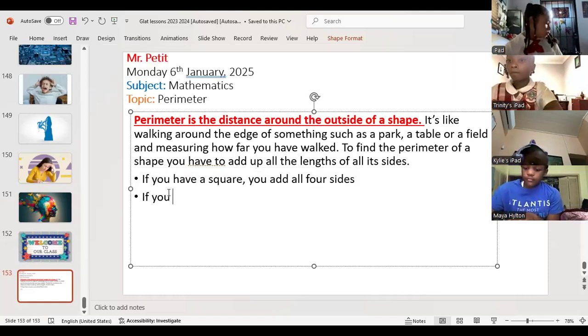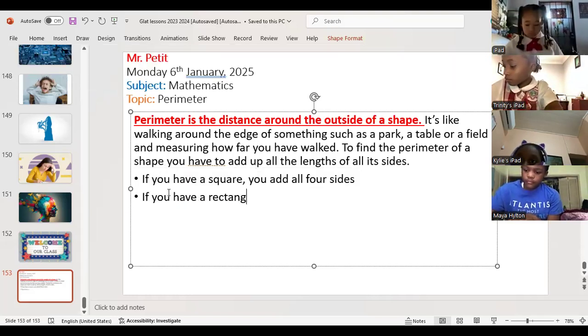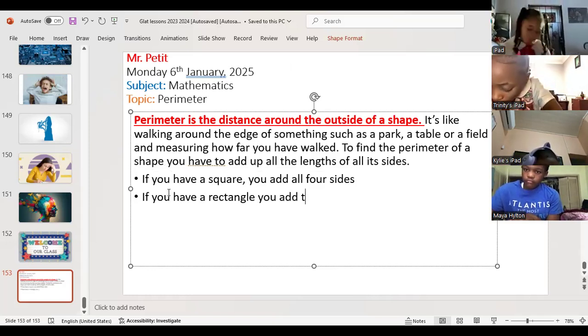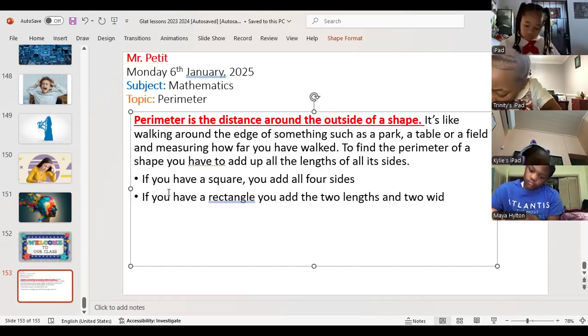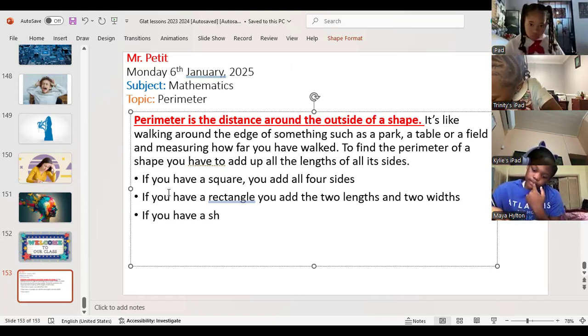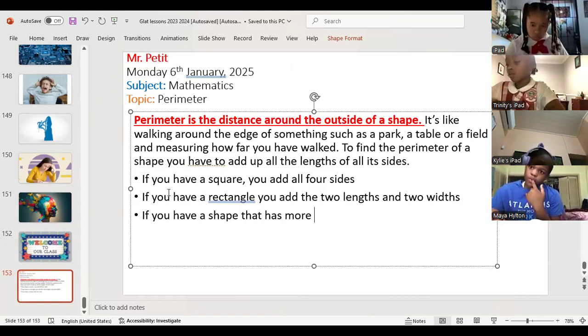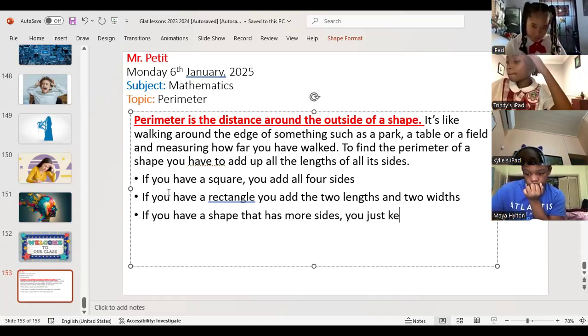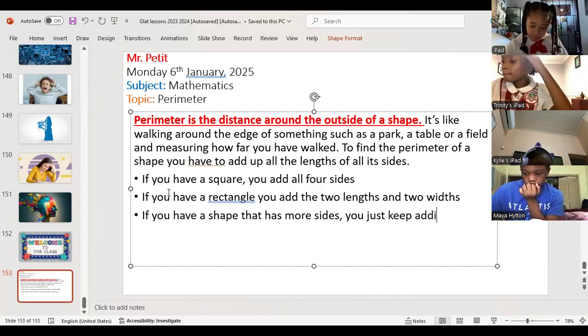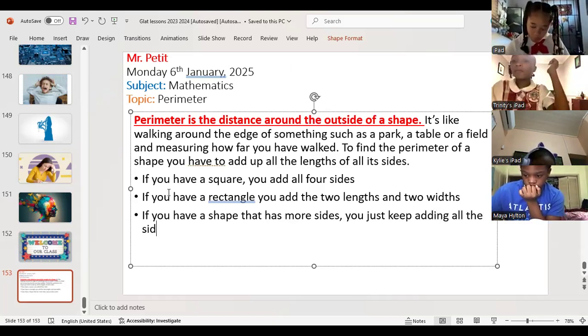If you have a rectangle, you add the 2 lengths and 2 widths. If you have a shape that has more sides, you just keep adding all the sides together. All right.